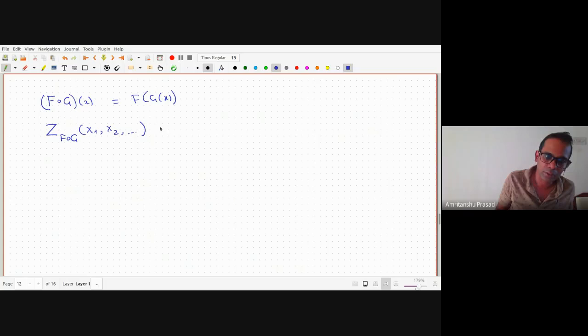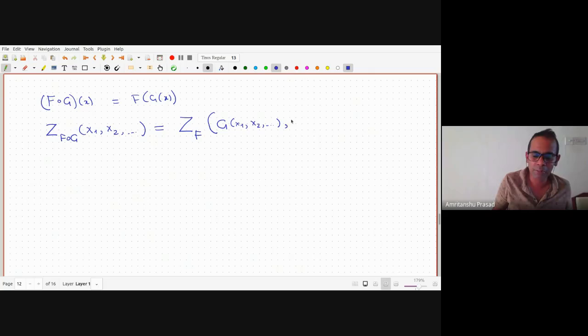So let me write it out in full form. You take Z_F, and then for the variable x1, you substitute G of x1, x2, and so on. For the variable x2, you substitute G of x2, x4, and so on. For the variable x3, you substitute G of x3, x6, and so on. And so on.